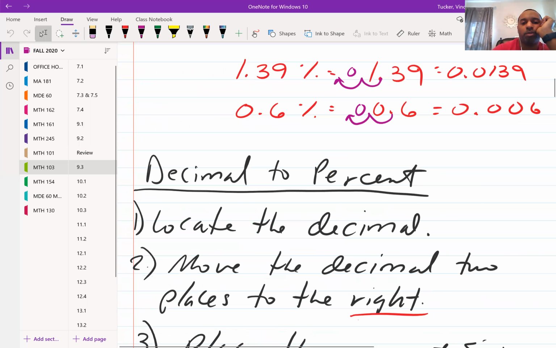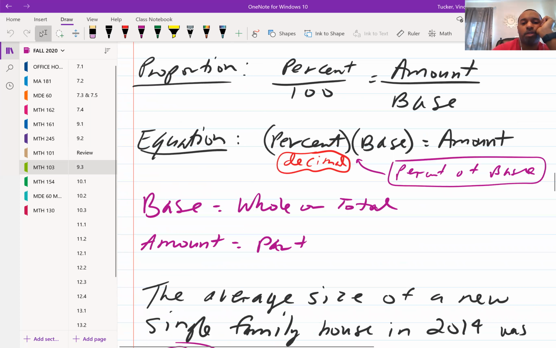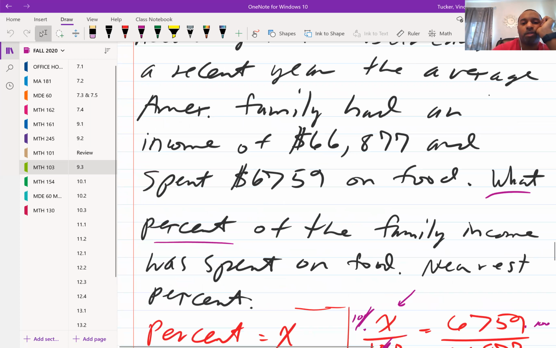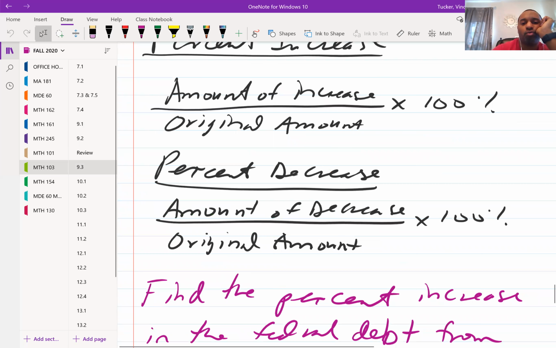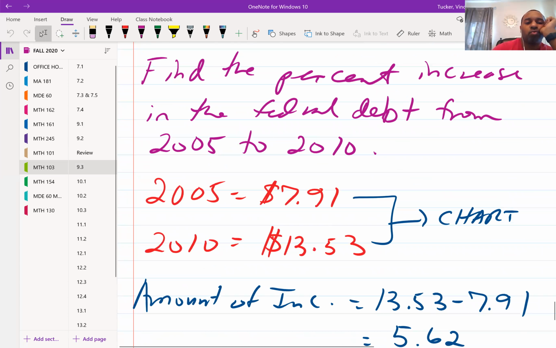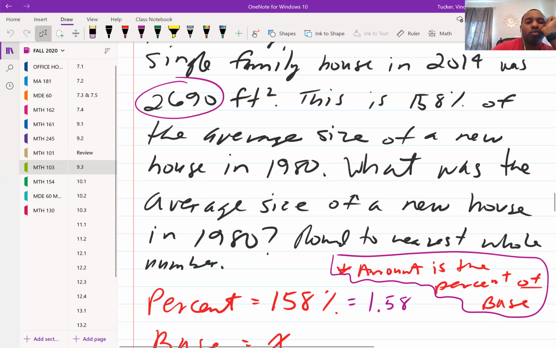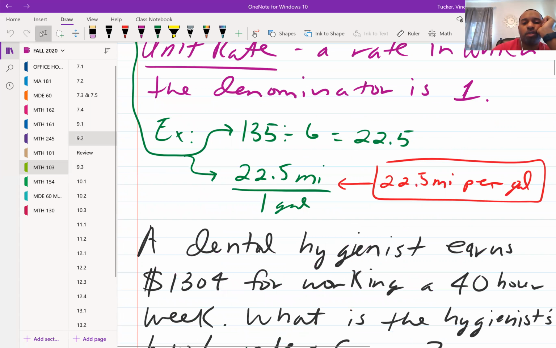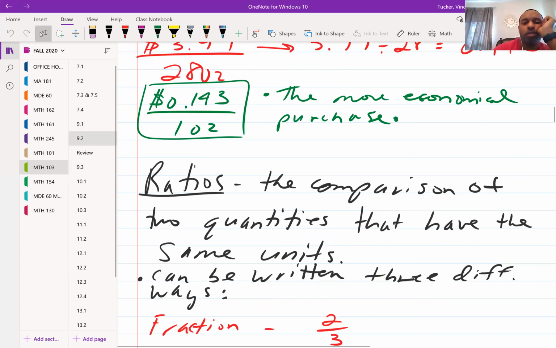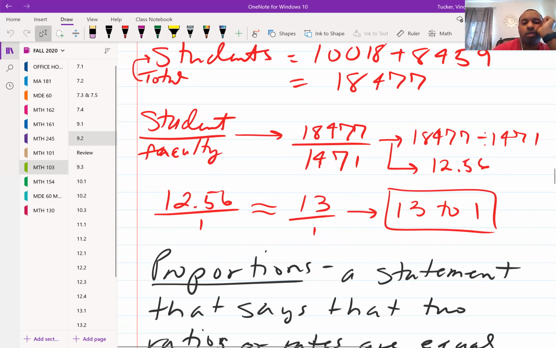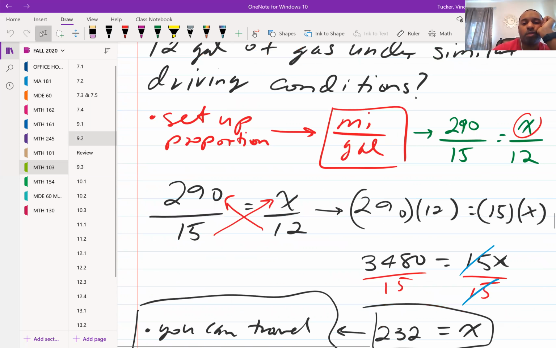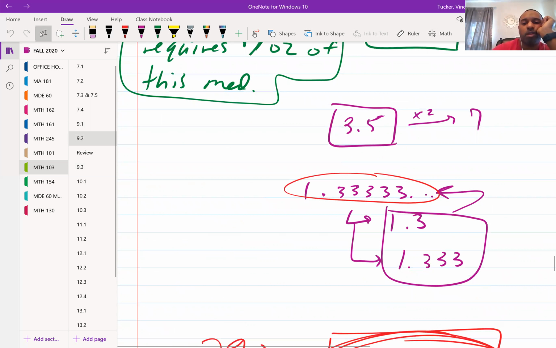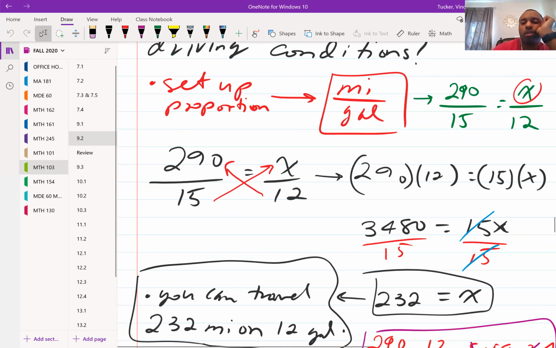Percents. How much of percents are in here? All right, see how much is over here. Cross multiplication. Oh, this is short.